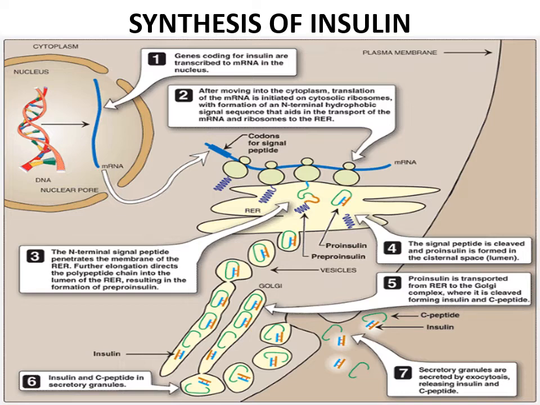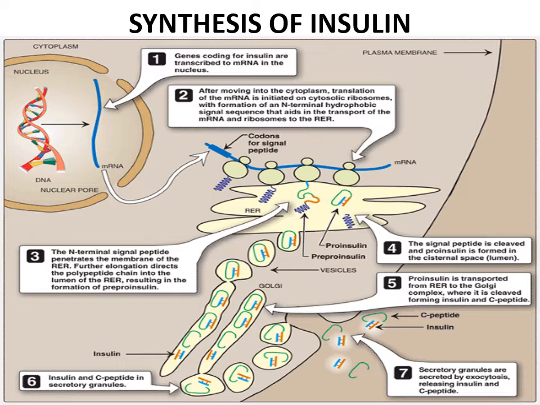The N-terminal signal peptide penetrates the membrane of the rough endoplasmic reticulum. Further elongation directs the polypeptide chain into the lumen of the rough endoplasmic reticulum, resulting in the formation of pre-proinsulin. The signal peptide is cleaved and proinsulin is formed in the cisternal space.